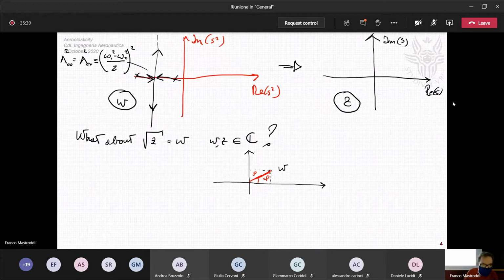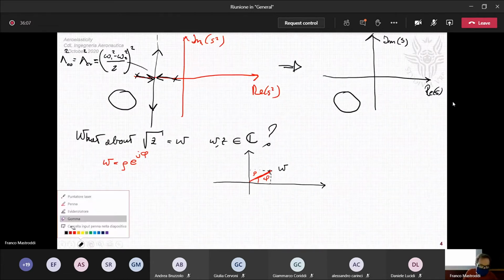So this number w is represented by rho e to the power j phi. And what about zeta? Excuse me, I have inverted the order, and I'm very sorry.